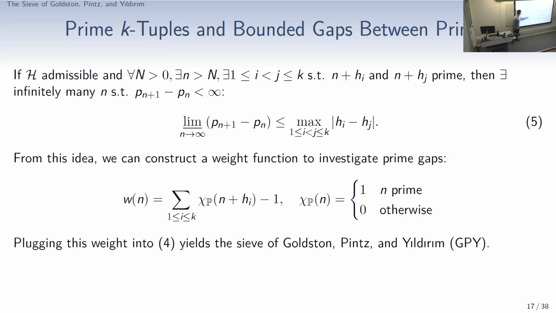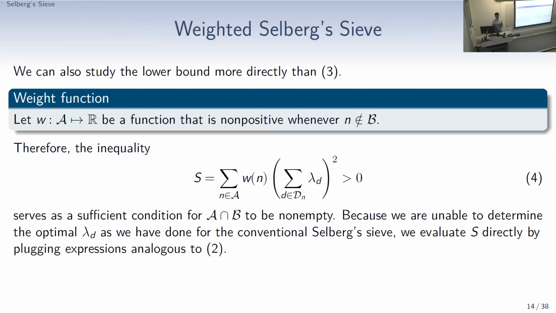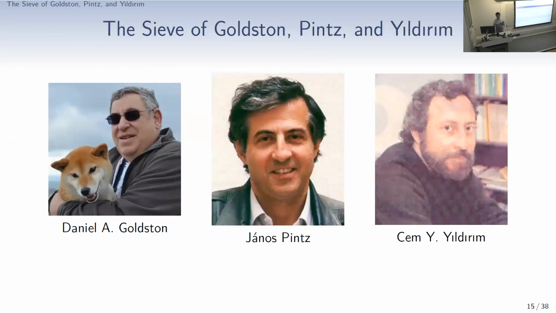If we can find two primes generated by the tuple, then this term will be greater than or equal to 1. However, if we cannot, then it's going to be less than or equal to 0, which satisfies the condition that we impose here: whenever n is not in the set B, this function is not positive.